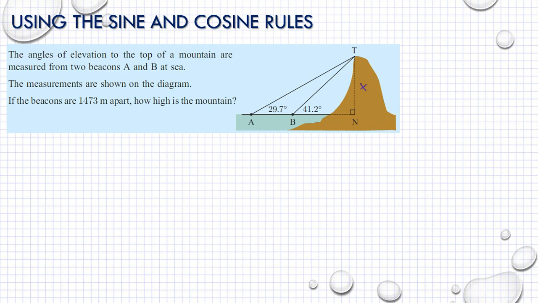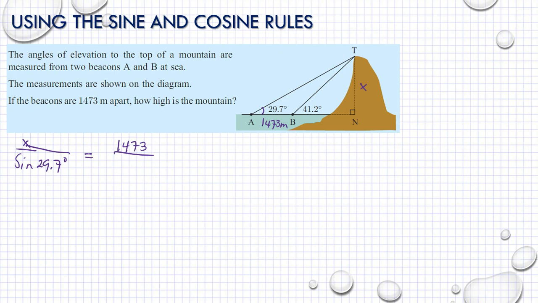But according to what we learned, we have x over sine 29.7 degrees, that should be equal to, since this is 1,473 meters, we should have 1,473 here.